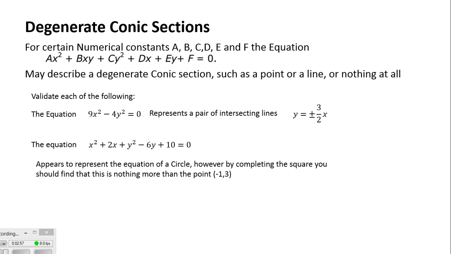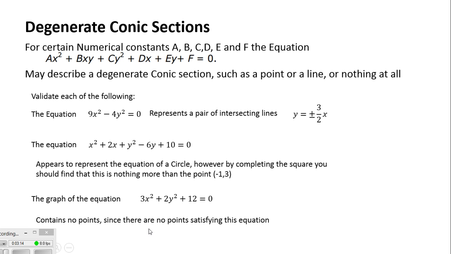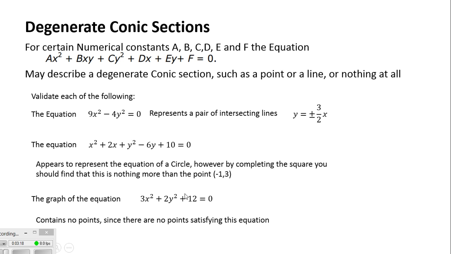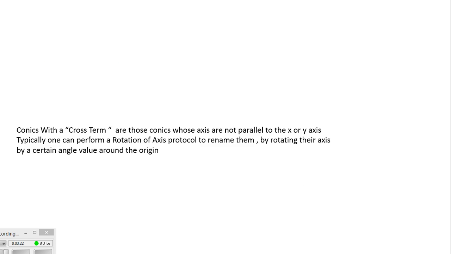There's really no fast-tracked way of determining that. You just might end up doing a lot of work and then find out at the last minute, unfortunately. And then here's another one, which is another degenerate, which is really nothing at all. And again, you should validate those for yourself.